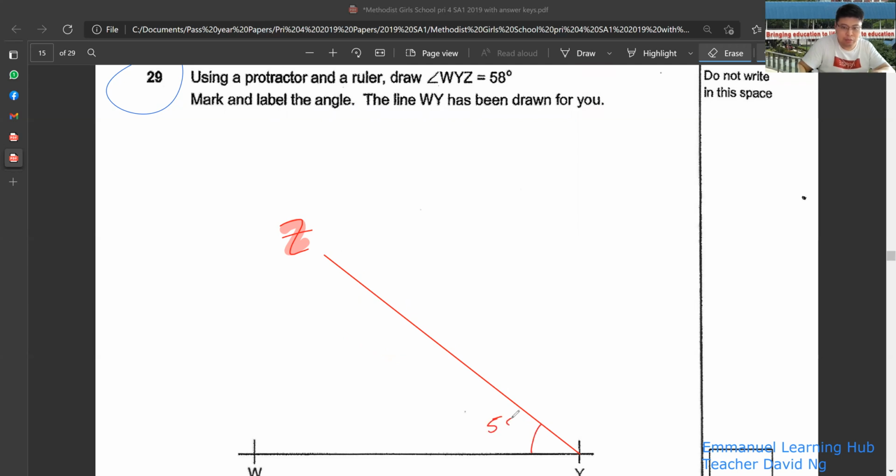So this is 58. Understand now? Yes. You use protractor and measure now. Because it is WYZ, not YWZ. The other side is YWZ.